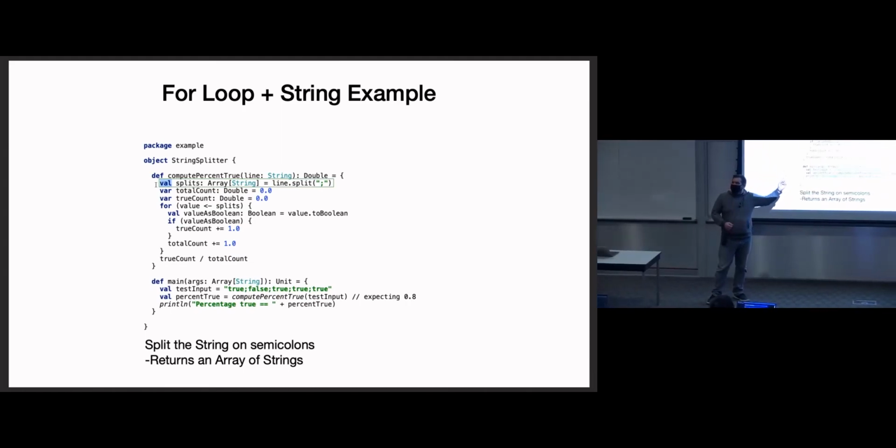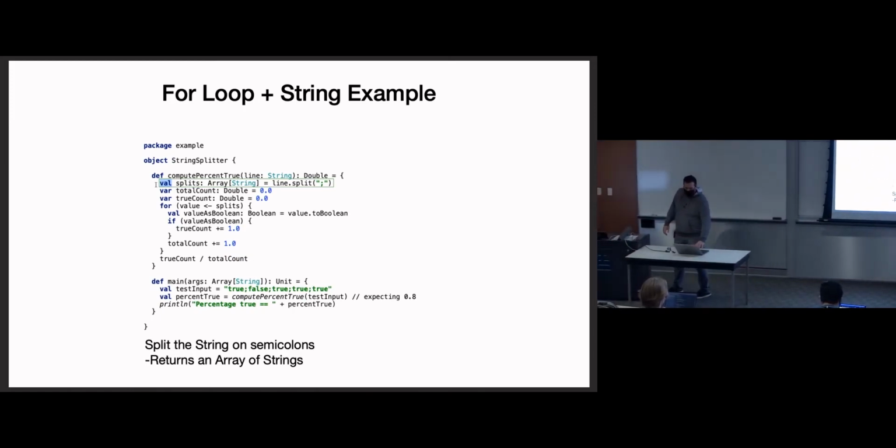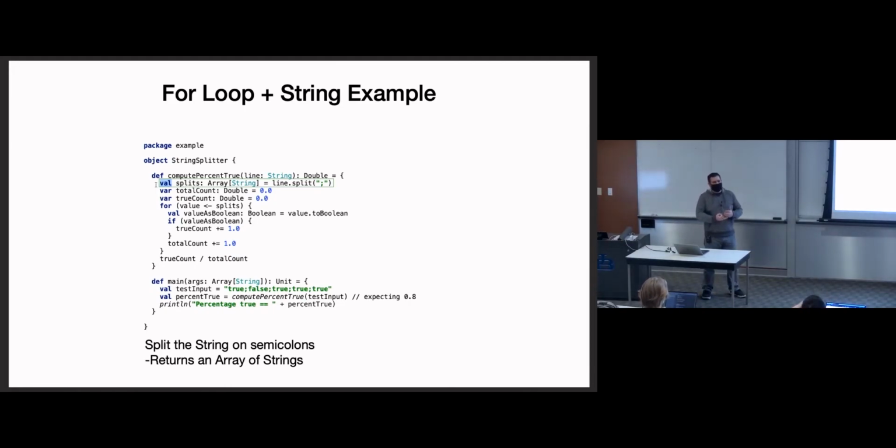Then if it does accidentally change, if somehow it changes at some point, the compiler is going to yell at me and say, hey, you told me that wouldn't change, but now it's changing. And then I can look at that error and be like, whoa, that's not supposed to change. And then I can fix whatever mistake I made. That's one reason. Another reason is optimization. The compiler can optimize more if you have vals than vars because it knows it's never going to change. It can store that value differently.